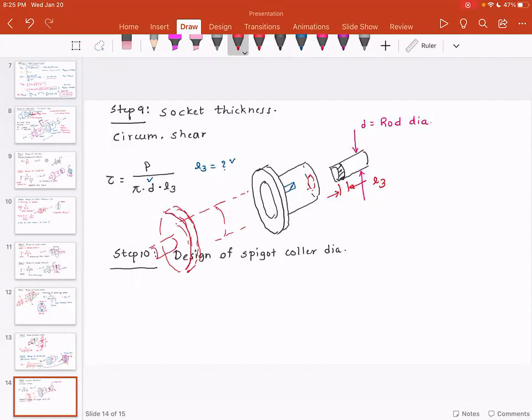And if you look at the way the spigot collar is failing, this spigot collar failure is in crushing. So this is crushing failure.